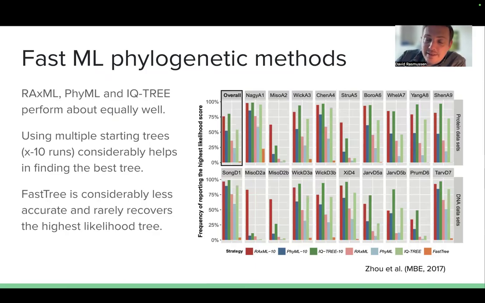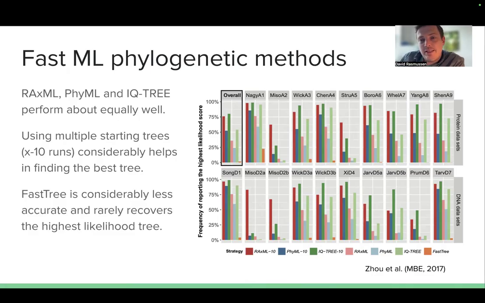And indeed it does, because this analysis by Zhu et al. also looked at the ability of these different maximum likelihood methods to find the best tree. This is done with a comparison of different empirical data sets.